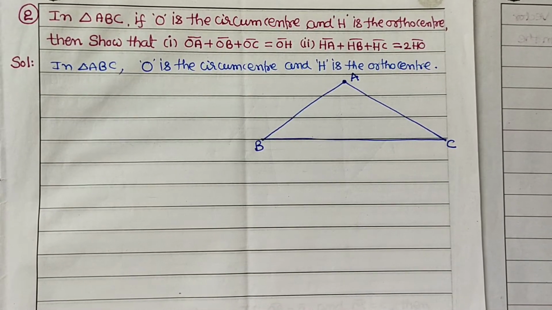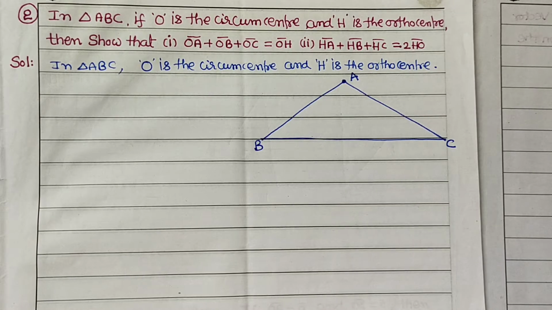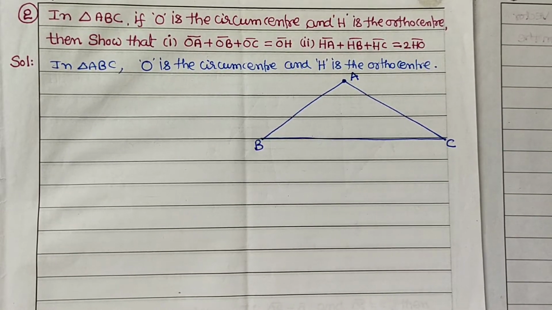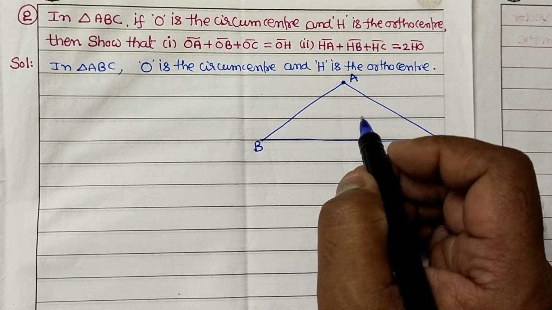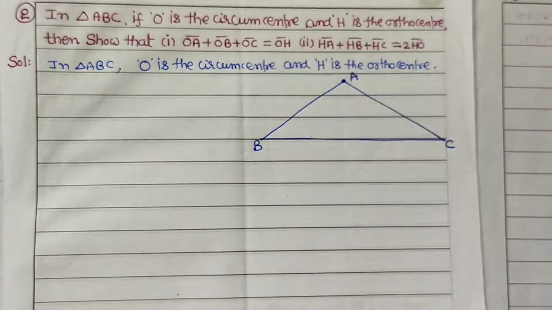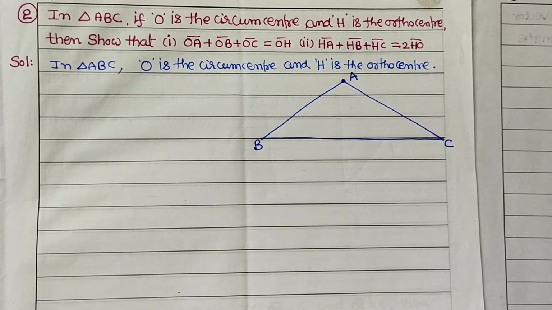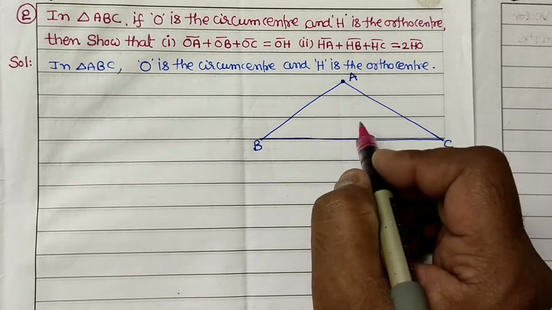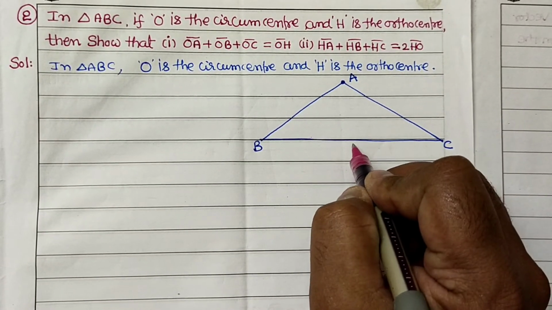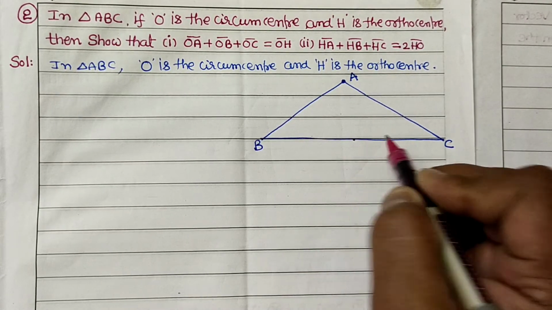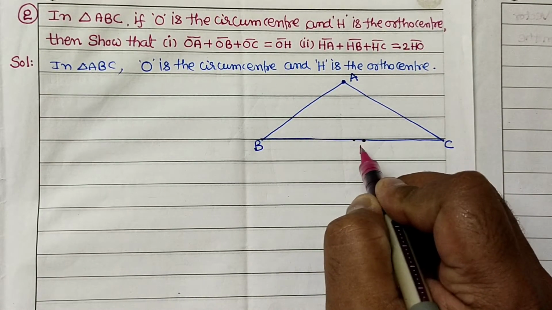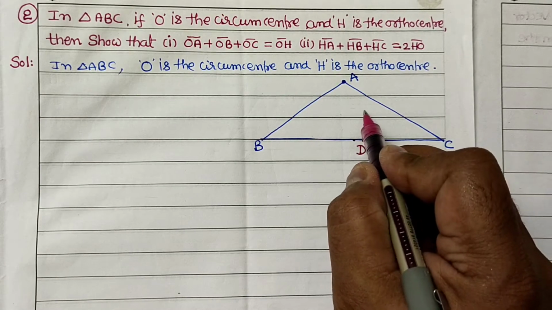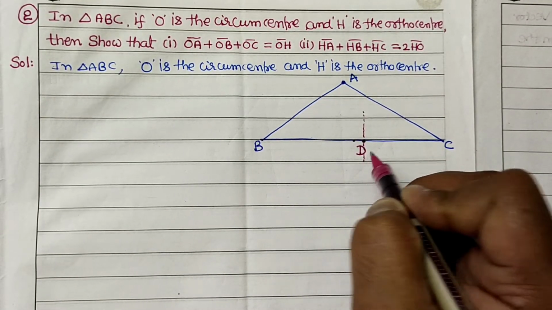O is called circumcenter. Circumcenter means the point of intersection of perpendicular bisectors of the triangle. So here, I am drawing in dotted lines. D is the midpoint. This is the perpendicular bisector.